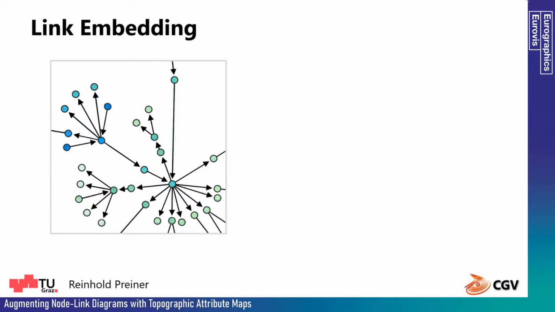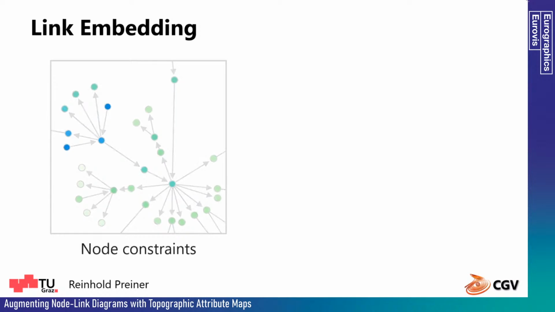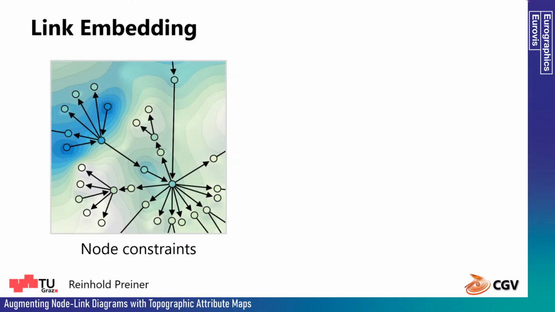Now, if we interpolate the height field based on the node constraints alone, then the resulting landscape does not quite reflect the topological structure of the graph, which is often dominated by the longer edges. In particular, if we follow these longer edges from a lower to a higher elevation, it does not represent a monotonic ascent, but has to overcome hills and saddle points.